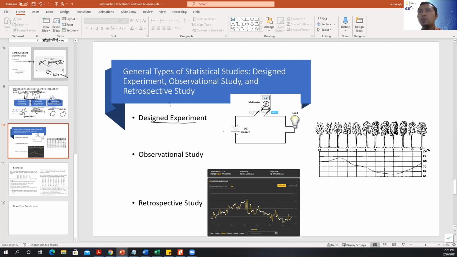Our job is to find how much current flows. The scientific reasoning for this purpose is how to measure the current flow.